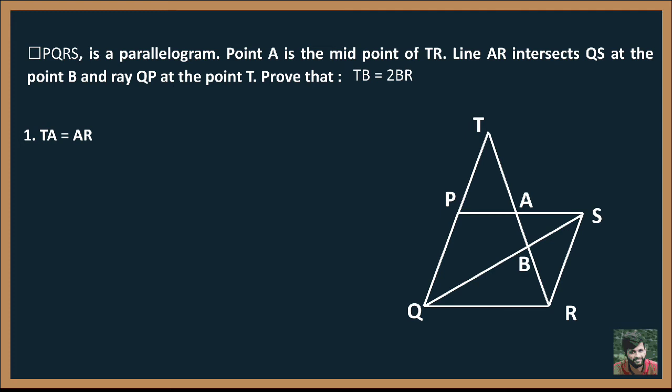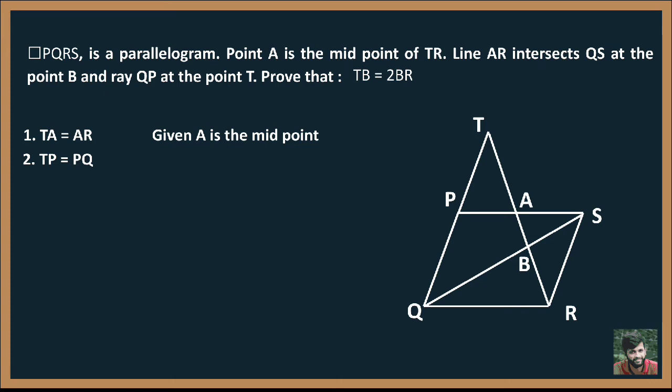So I can write TA is equal to AR, which is given to us. Next step, I can say TP is equal to PQ. Now you'll wonder, how is that possible? I've just spoken about TA and AR, and how are you saying that TP is equal to PQ?